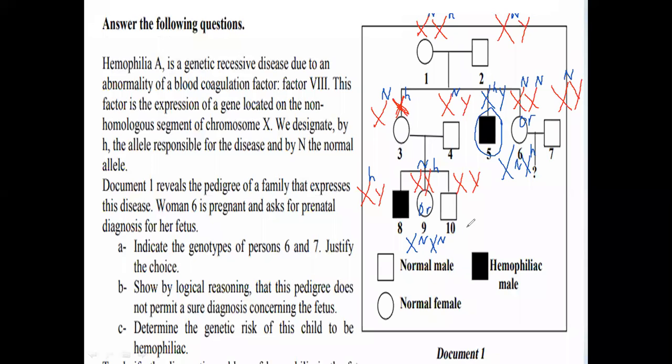While individual 10 is normal and possesses only one X chromosome, so obligatorily it will be X and Y. So here everything is clear related to the genotype. When it says indicate, I just do it, but when it says justify, I have to explain it. Here it only asks for person 6 and 7, but we did the whole pedigree.